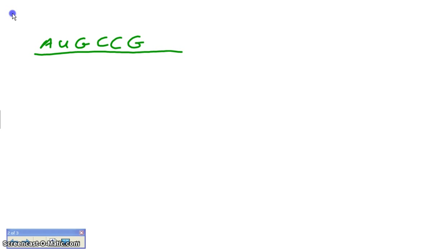And this is going to be before translation. Before translation, we're just going to have our mRNA, right?